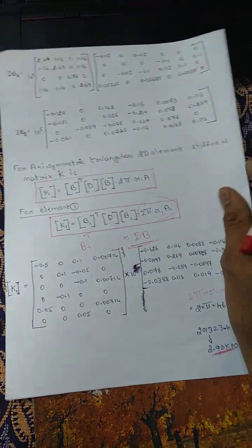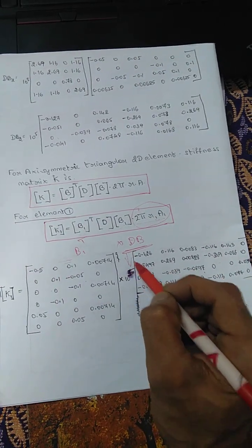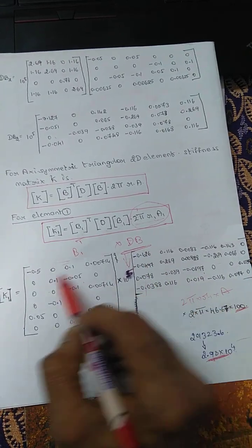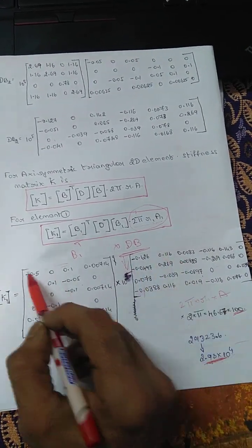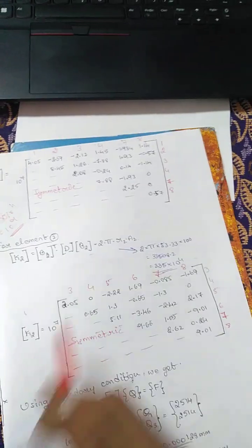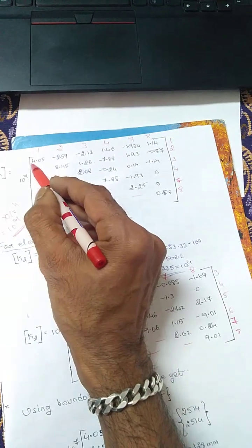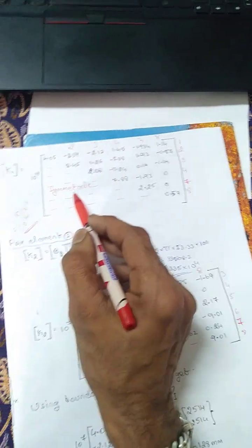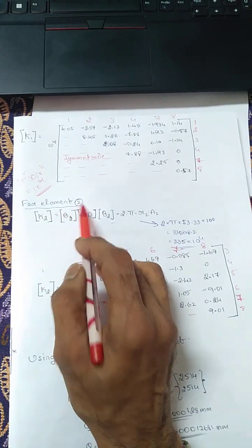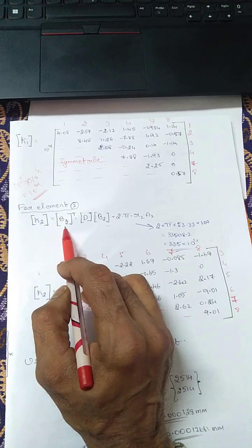Multiplying, you know how to multiply, a row into column. To get the first value, first row first column, to get this one first row second column, like that. So here is the value, and this is an axisymmetric problem, and this portion is symmetric.